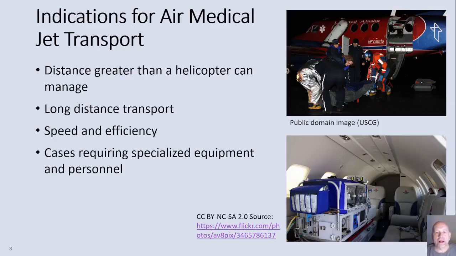So if you've ever watched the TV show that talks about the Coast Guard units that are located in Alaska, you might have seen that they will use a helicopter to go out and complete a rescue or a medevac airlift, bring the patient from a very remote area back to a less remote area, and then transfer them to a fixed wing air medical jet so they can be transported to a facility for effective transport. And that's actually what we see in the top image here.